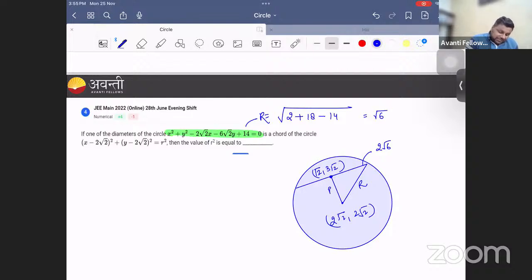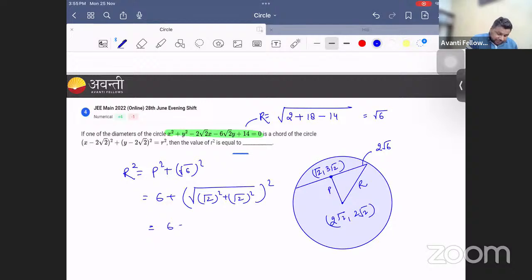So let this distance be p. So capital R square is p square plus root 6 whole square, that is 6 plus the square root of the distance between (2 root 2, 2 root 2) and (root 2, 3 root 2), that is root 2 square plus root 2 square.